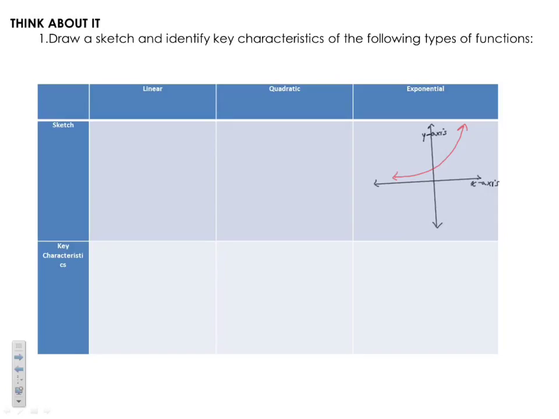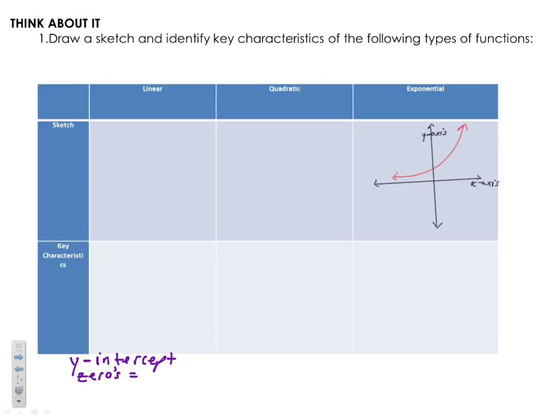And we'll talk about the key characteristics of each one of these, if they have them, right? So what did we say our key characteristics were before? I believe we said they were the y-intercept. The zeros, right? And those are equal to what again?